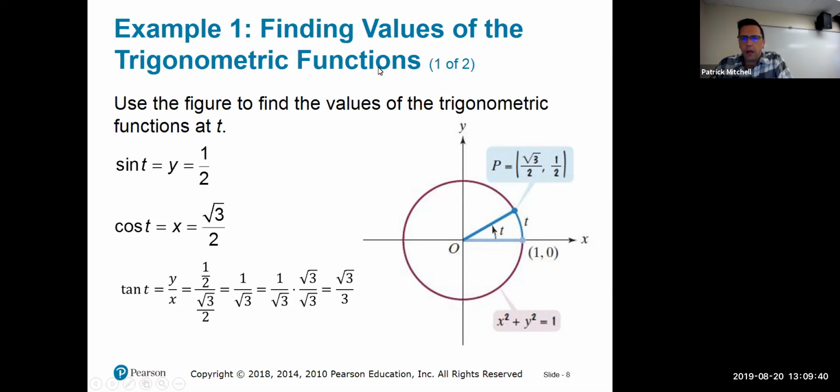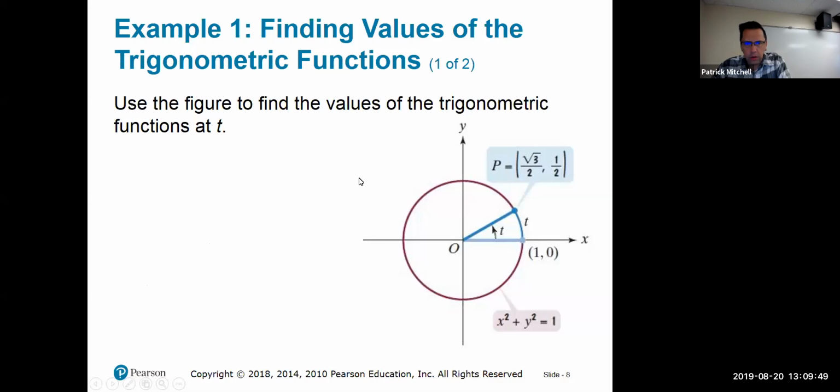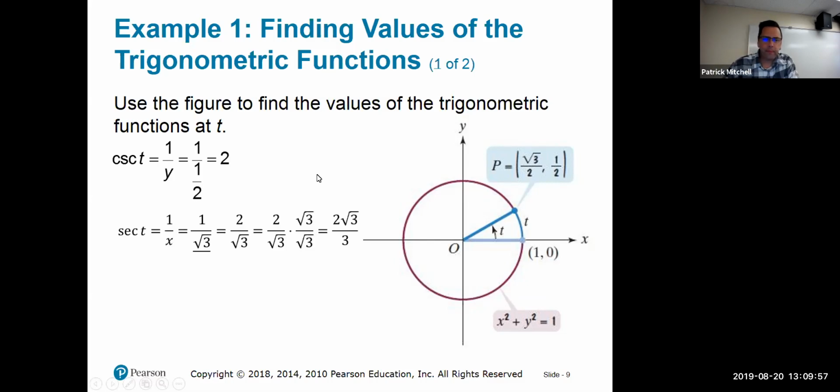Okay. All right, so 3 down, 3 to go. We still have the cosecant, the secant, and the cotangent. So let's continue. The cosecant is 1 over y. 1 divided by 1/2 is just 2. The secant of t is 1 divided by x. 1 divided by square root of 3 over 2, think of that as the reciprocal of root 3 over 2, so that would become 2 over root 3.